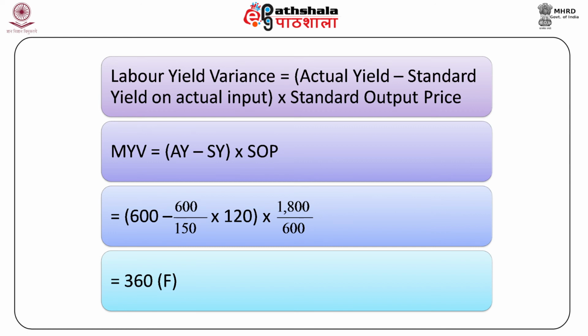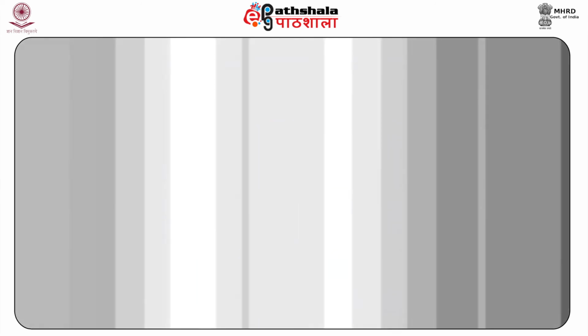In short, it is LYV is equal to AY minus SY into SOP. When we substitute the figures in the formula, it is 600 minus 600 upon 150 into 120 into 1800 upon 600, that is equal to 360 favorable.